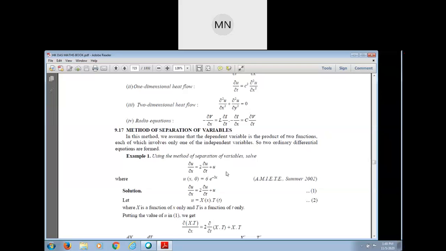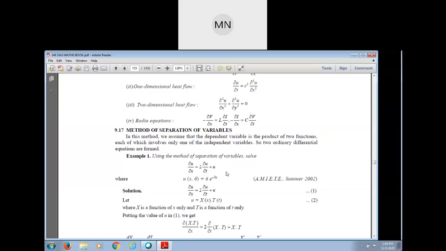And see that U depends on what? U depends on X and T. So X and T are dependent or independent? Ma'am, dependent. No, it is not dependent.